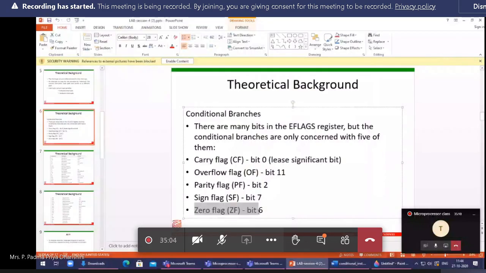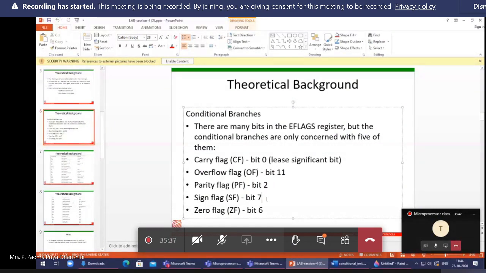Now I have explained about the zero flag, and there is the sign flag, the overflow flag, the carry flag, and then the parity flag. We will discuss what sign, parity, overflow and carry mean. First, the overflow flag: when we add two positive values and we get a negative value as a result, the overflow flag will be set.